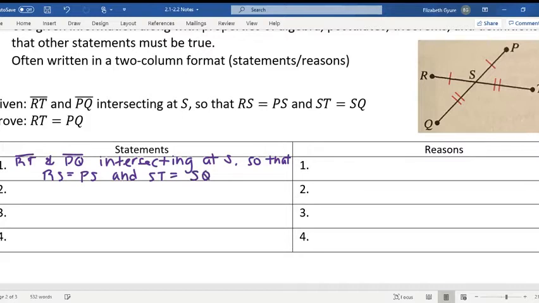And our first reason is always just given. How do we know? It was given to us.